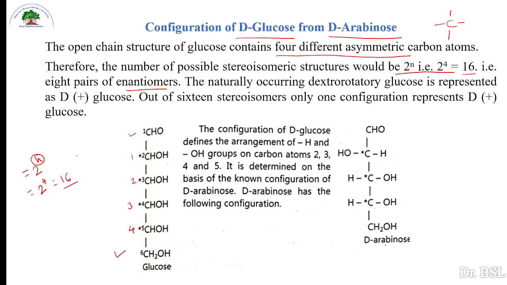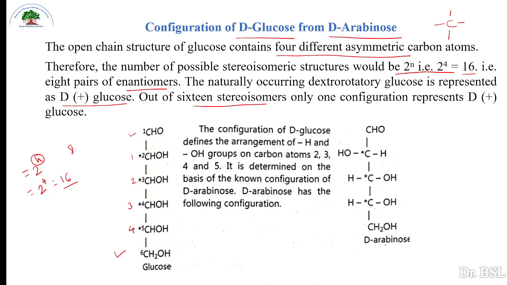16 isomers, that means 8 pairs of enantiomers are possible, and the naturally occurring dextrorotatory glucose is represented as D plus glucose.